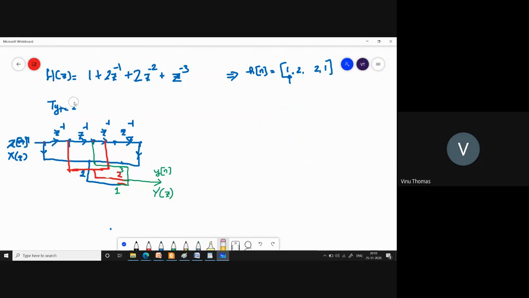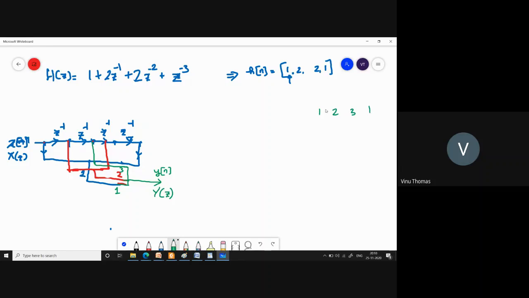So what type of filter is this? Anthony Roy, what type of filter is this? Is it a linear phase filter? Sir, type 2. Type 2. It's a linear phase filter, right? Okay, very good. I'm going to draw some filter. 1, 2, 3, 1.